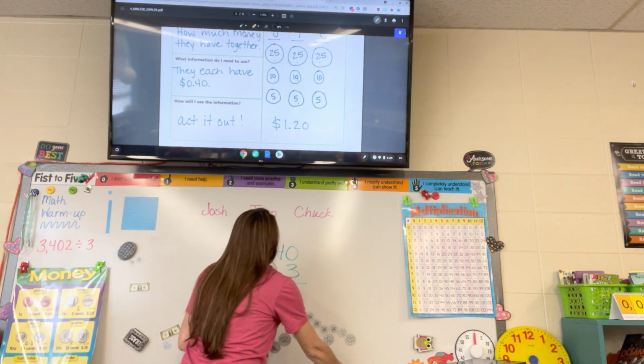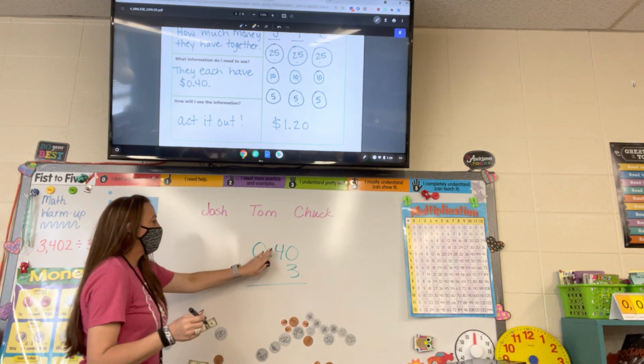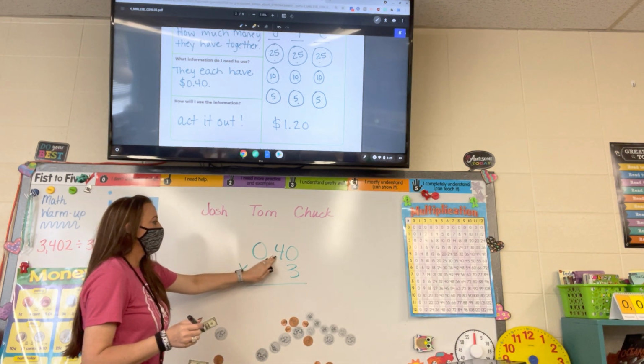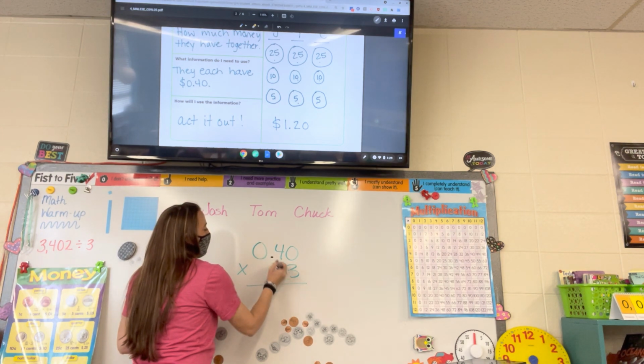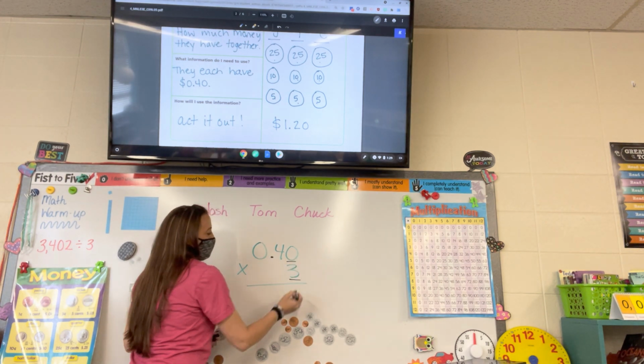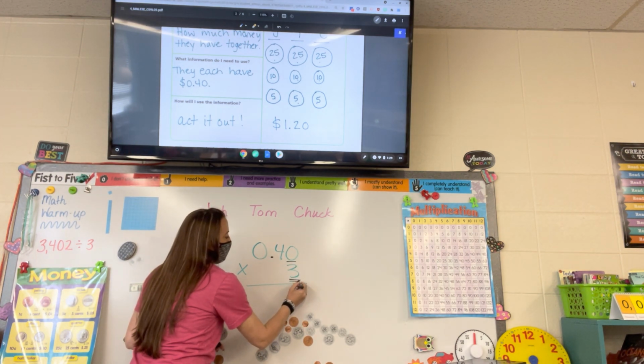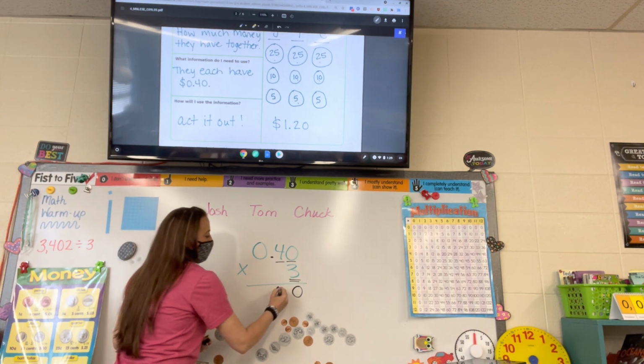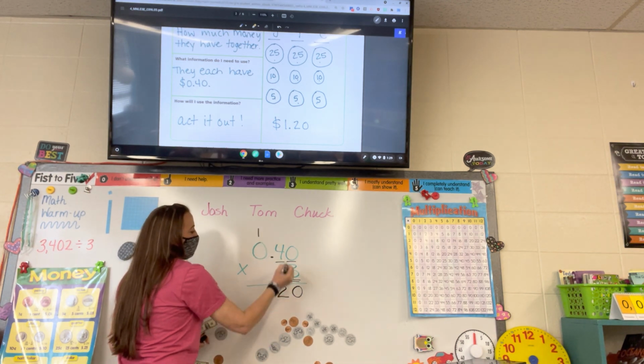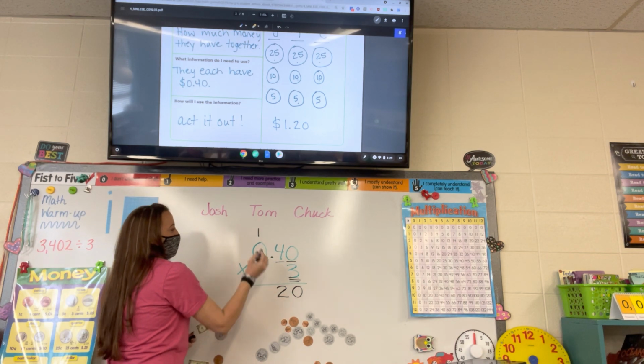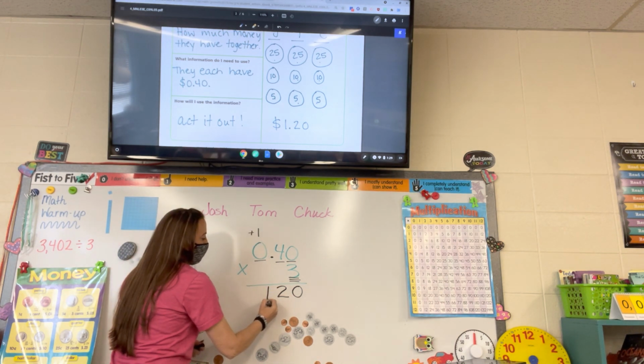So watch. If you pretend that that's not there, you could do that. 3 times 0 is what? 0. 3 times 4 is what? 12. Put down the 2, carry the 1. 3 times 0, 0, plus 1 more, 1.